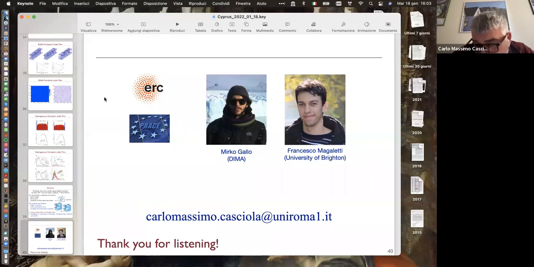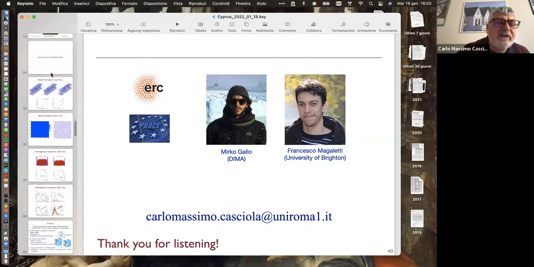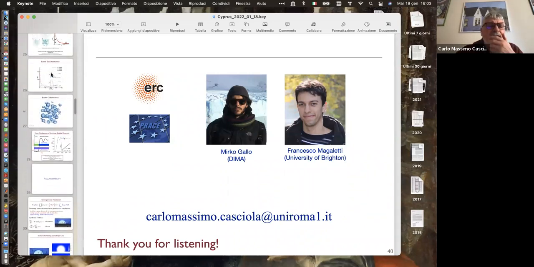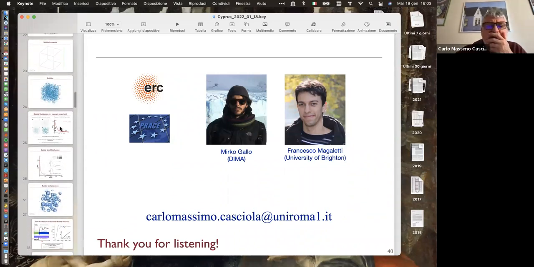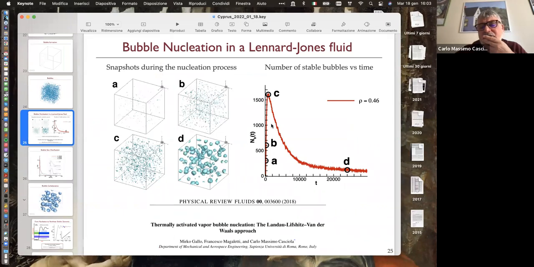What I would expect, and what we see, is that indeed after a while the number of bubbles stabilizes. I think I have a diagram showing that. The trend is not completely clear because the number of bubbles is decreasing slowly, but there is a trend toward a stabilization of the number of bubbles.